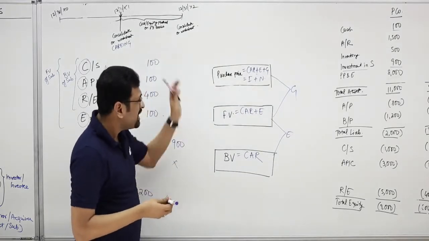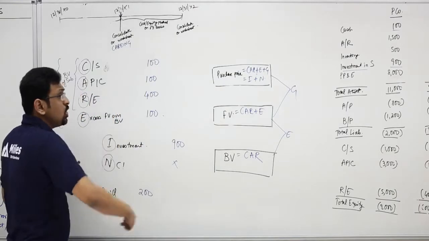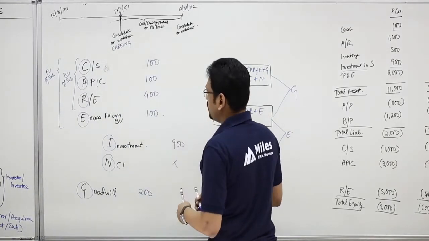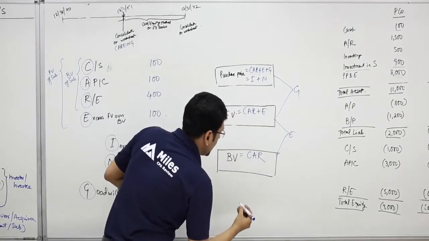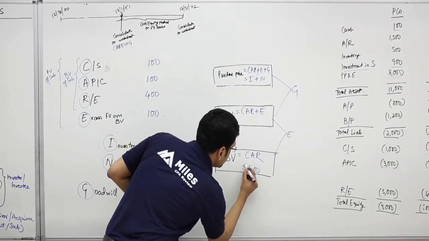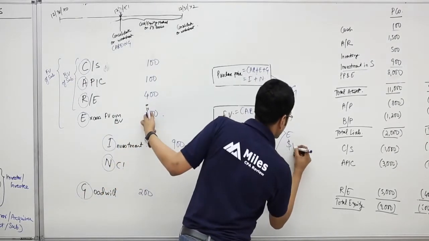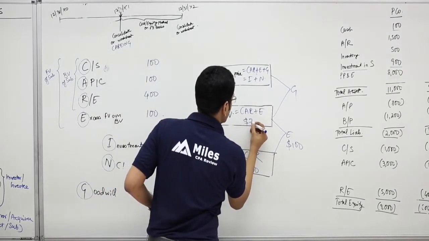So this would be a ready reckoner for you, a good tip to make sure this journal entry looks all right. So let's look at the numbers here. Got the book value $600. So CAR, that's $600. Excess, this is $100. So the fair value, that's $700.